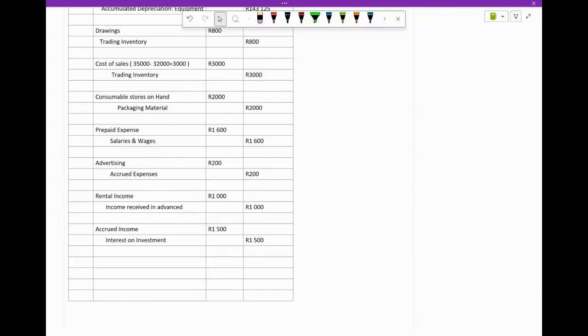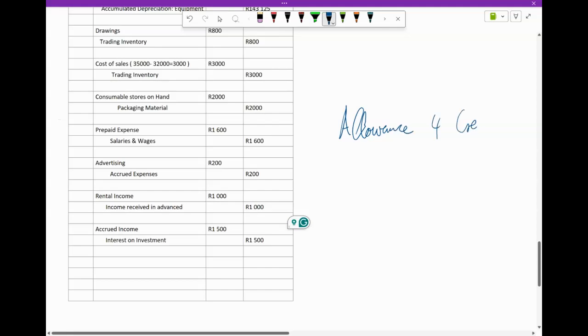What type of account is allowance for credit losses adjustment? Nope. Allowance for credit loss is the asset. I'm going to write it down here. Allowance for credit loss. This is coming. They're going to test you on this one way or another. It is a negative asset. Then allowance for credit loss adjustment is an expense or an income.